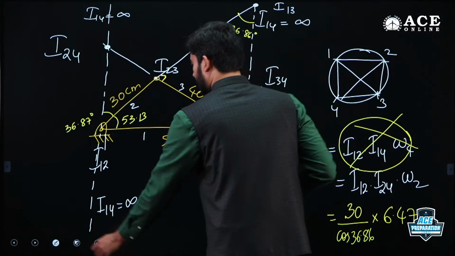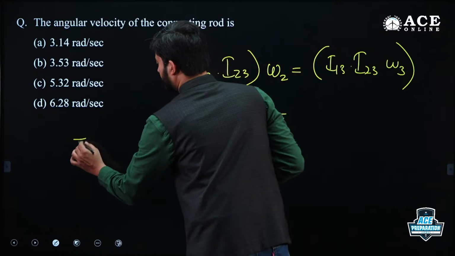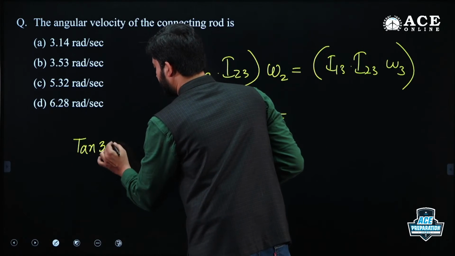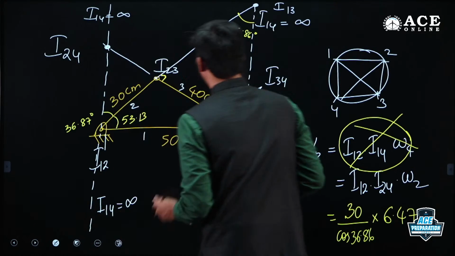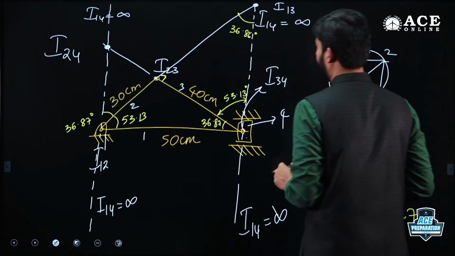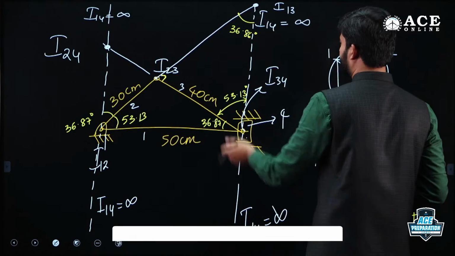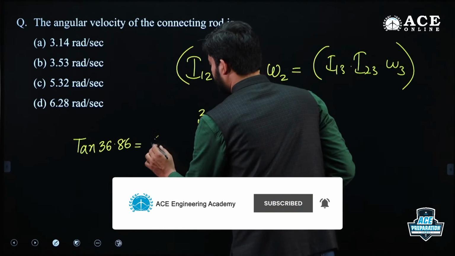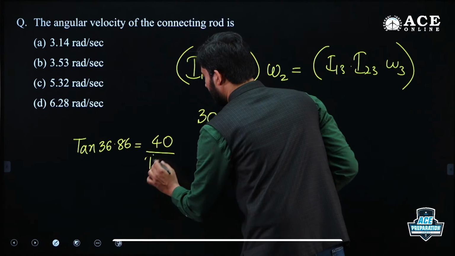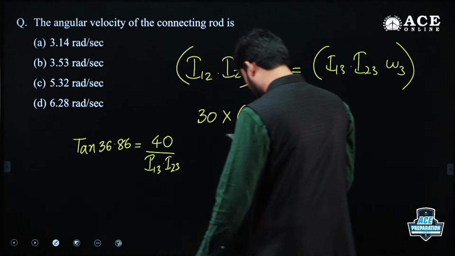So here let me write the ratio for you. tan 36.86 is equal to the opposite side, 40, divided by the adjacent side, that is 40 by I13 I23.